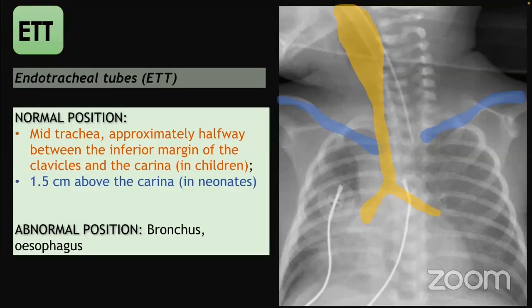And we can see here the endotracheal tube is located in the esophagus, which is malposition here. And the green, yellow for the esophagus.